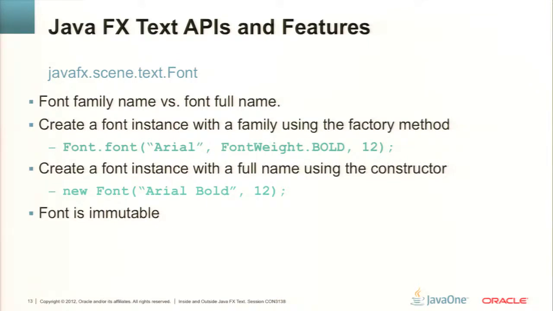In FX, if you pass in the full name to the factory method, it'll just return you a default font. It won't try to figure out that you meant the Arial family. It's just purely looking for an exact match to a known family. Font is also immutable.